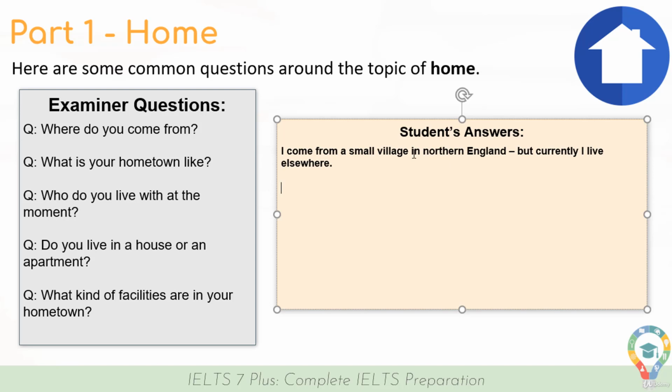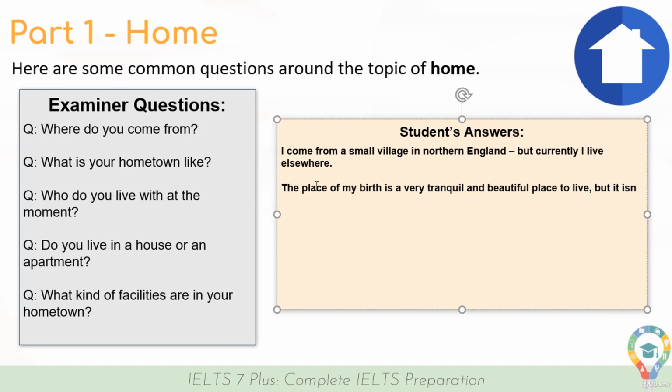So what is your hometown like? Let's see. We need a synonym for hometown. Let's try my birthplace. Oh, the place of my birth is, let's think of some interesting vocabulary. A very tranquil, which means quiet, and beautiful place to live. But more detail again.